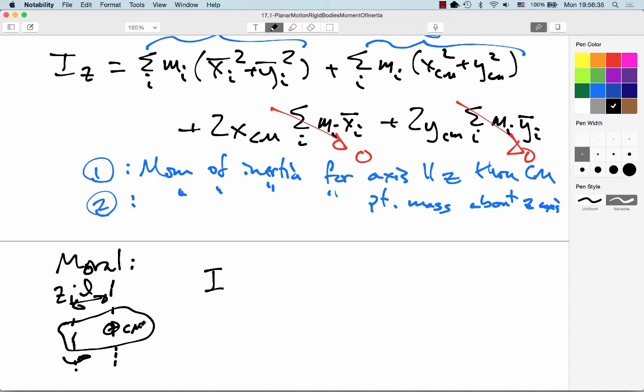We end up saying that the moment of inertia about this z-axis is equal to the moment of inertia about the parallel axis through the center of mass plus ml squared, where we treat the whole thing as a point mass located at the CM and rotate that point mass about the z-axis.